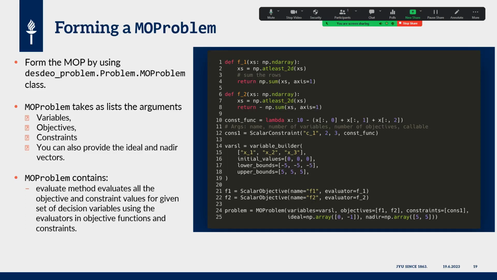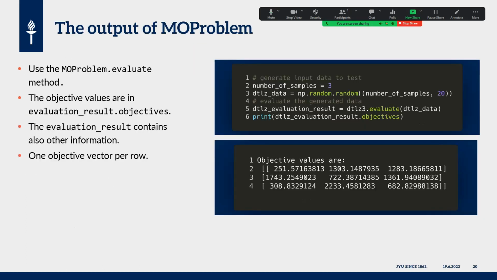One thing to still mention about the small problem is that we have this evaluate method, and that evaluates all of the given evaluators from the defined objective functions and constraint functions, and provides the corresponding objective values. So it's very easy to test some decision variables, for example, when you're building it, or in the methods that are using it. So this evaluate method gets, for example, the objective values.